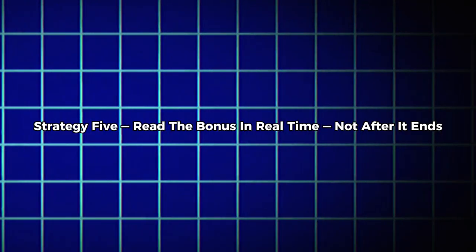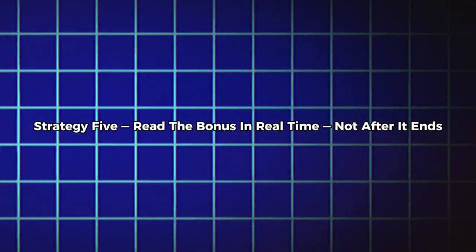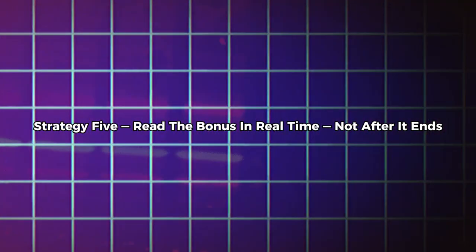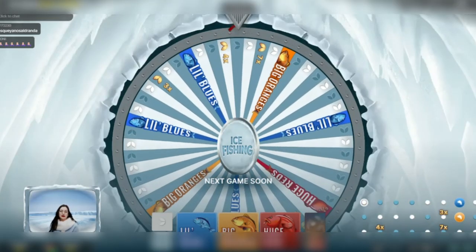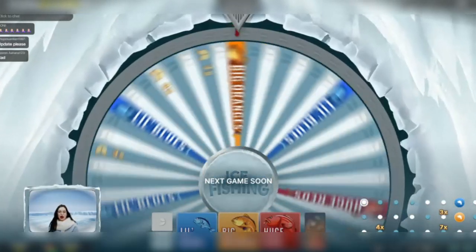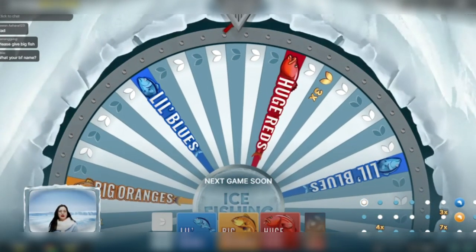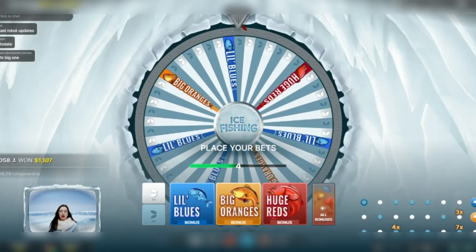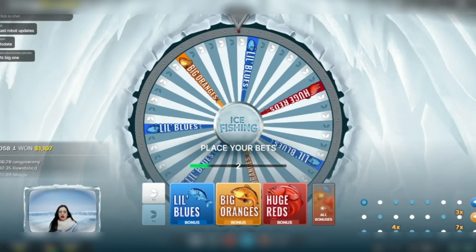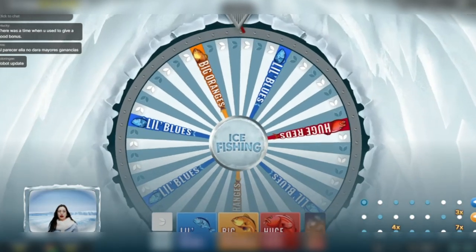Strategy 5. Read the bonus in real time, not after it ends. The most productive habit in Ice Fishing is evaluating the bonus round as it unfolds, rather than waiting for the final result screen. Each fish that lands through a hole is a data point about where the current activation sits relative to the game's output range.